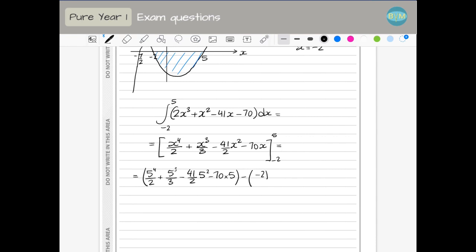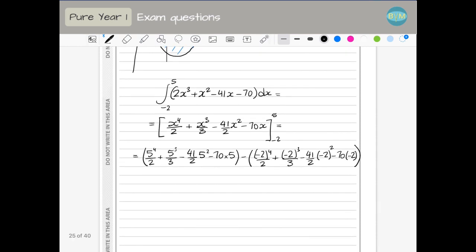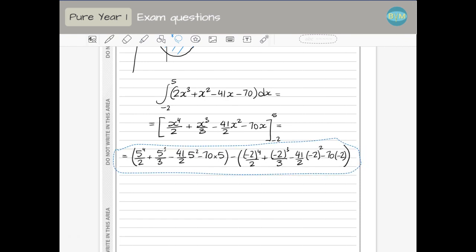So I have minus 2 to the power of 4 divided by 2 plus minus 2 cubed divided by 3 minus 41 divided by 2 times minus 2 squared minus 70 times minus 2. I wouldn't skip steps or brackets because it's easy to make mistakes with these questions. And now with the calculator, we can just find them.